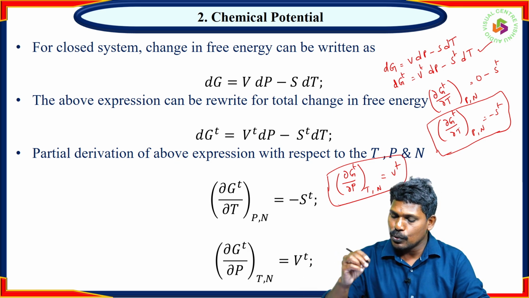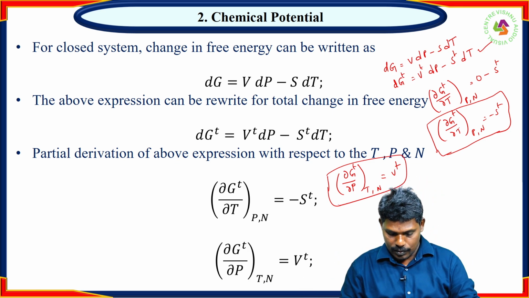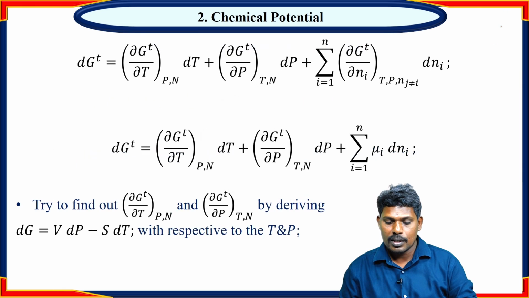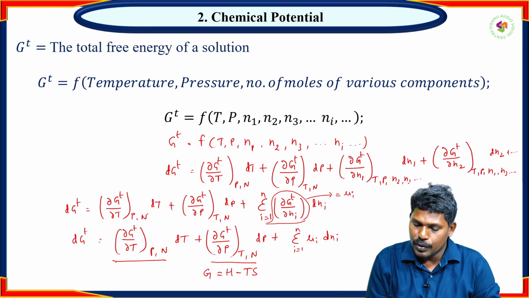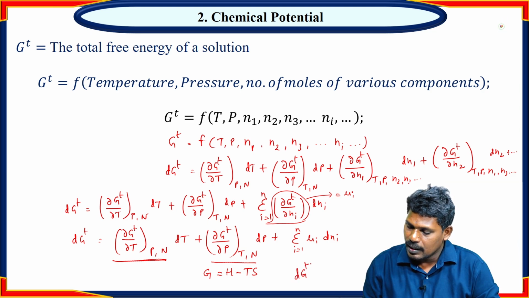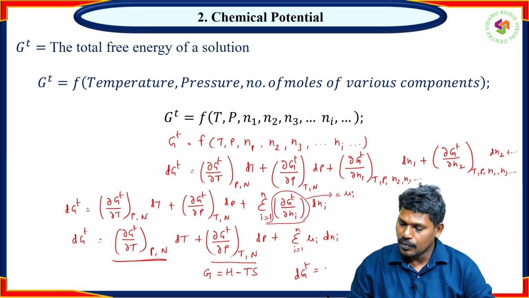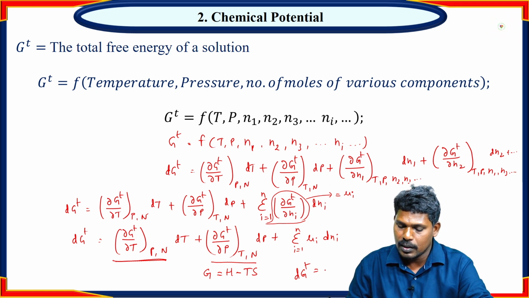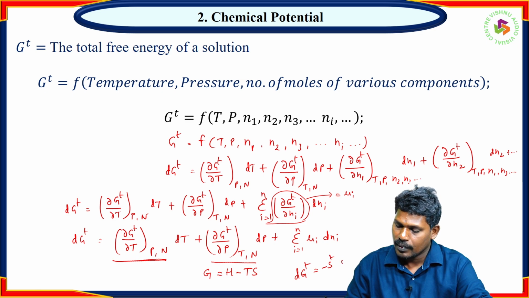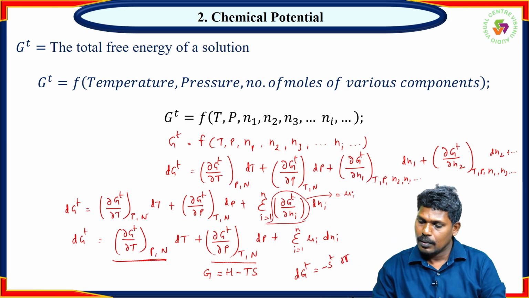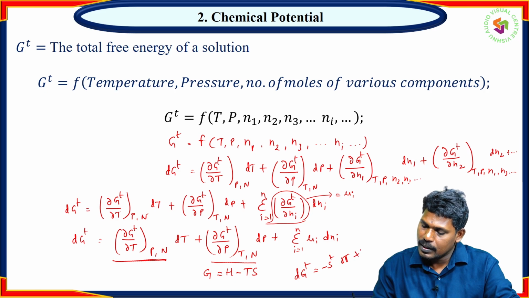These two terms we substitute in the previous equation. When you substitute, we get dGT is equal to minus St dT plus Vt dP plus the summation of i equal to 1 to n of mu i into dNi.